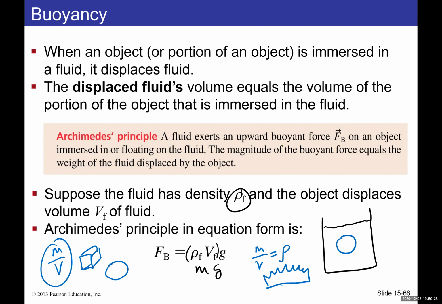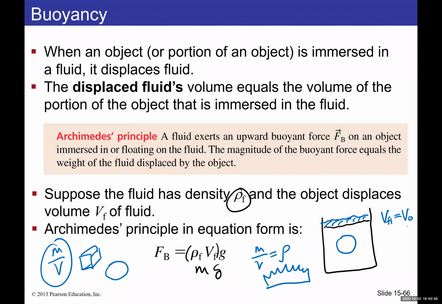His brilliance was that he recognized that the volume of the displaced fluid is exactly equal to the volume of the object. That is what Archimedes' principle represents: when you submerge an object into the water, it displaces a certain amount of water, but how much is displaced is independent of the weight of the object.